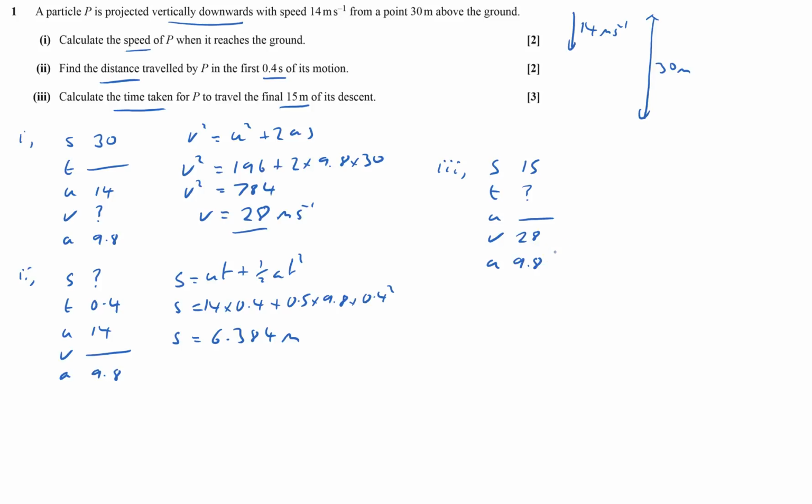So I want the formula without the U, and some people may not know this, so I'll show you another way after this, but I would put S equals VT minus half AT squared. It's the only one with a minus sign in it, and so 15 equals 28T minus 4.9T squared.